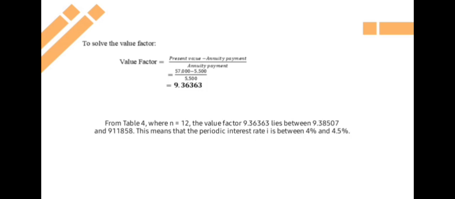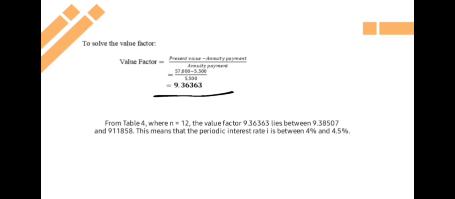So, 57,000 minus the annuity payment, which is 5,500, then divided by the annuity payment, 5,500, is equal to 9.36363. So, this is what we will locate in table 4.